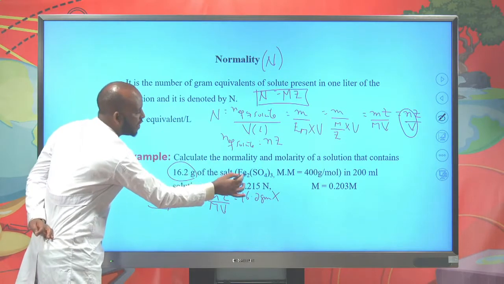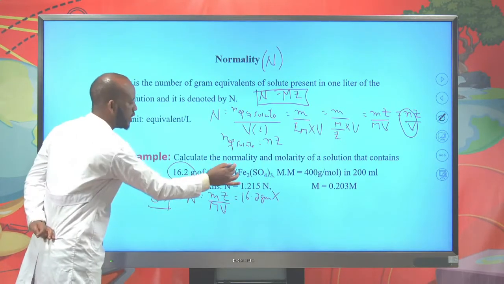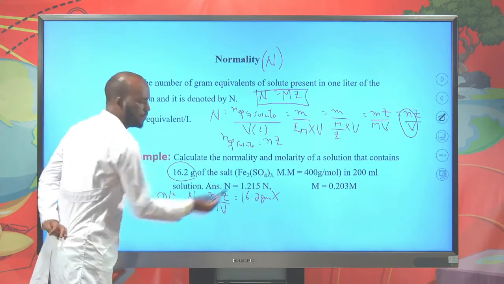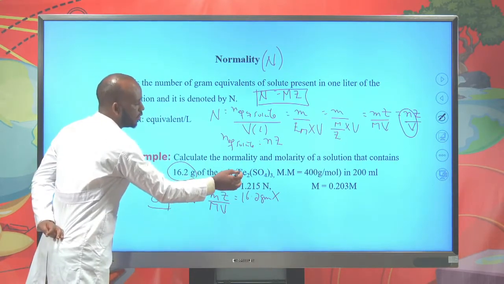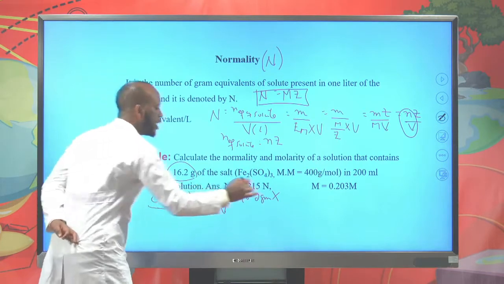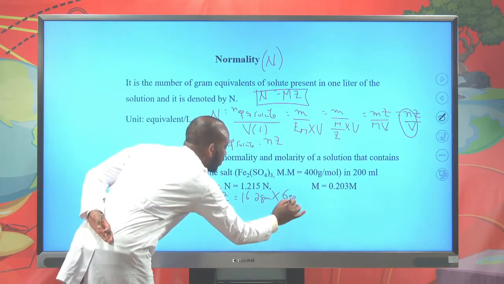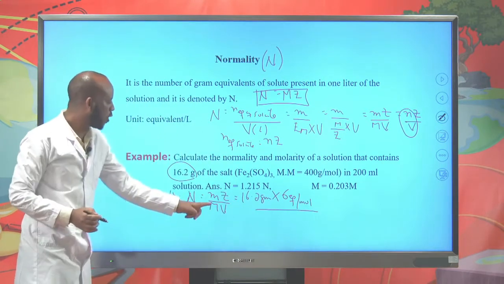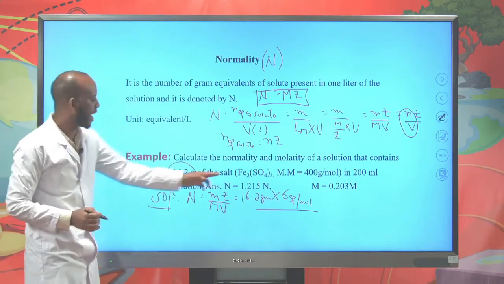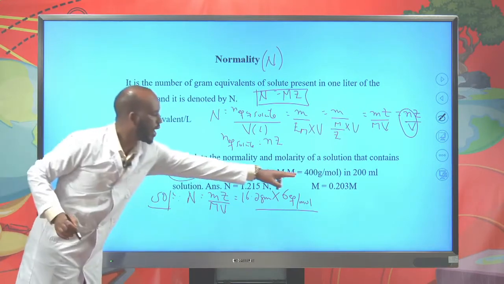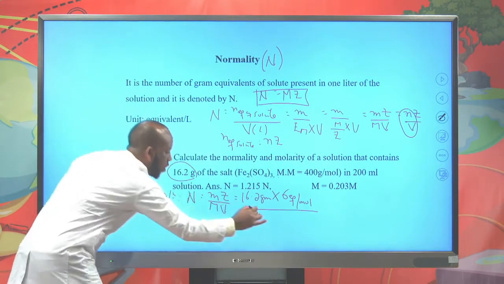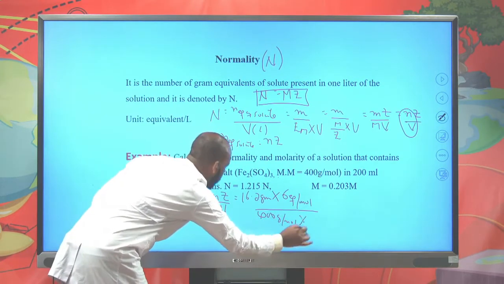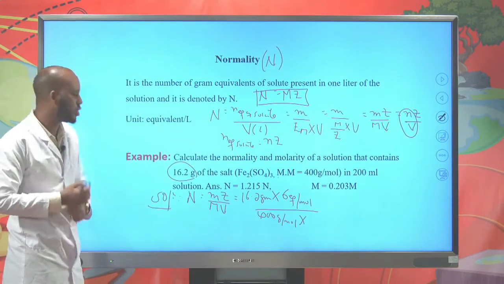For 1 iron, the valency is 3; for 2 iron, the total is 6. Therefore, 6 equivalent per mole, divided by molar mass of iron sulfate, which is 400 gram per mole, times volume of the solution in liters.